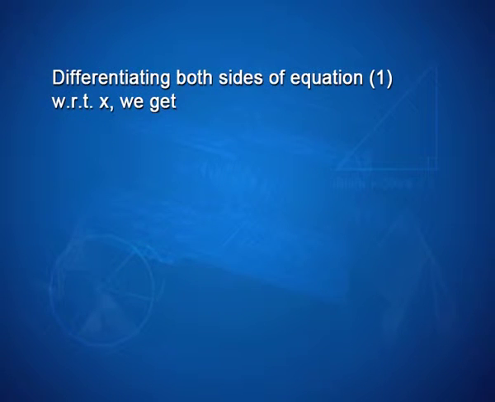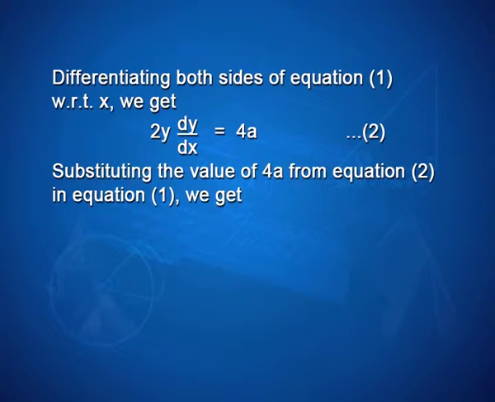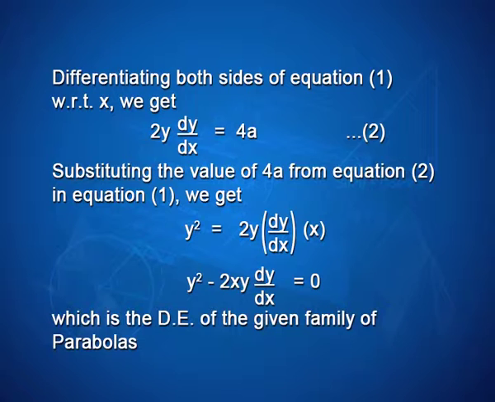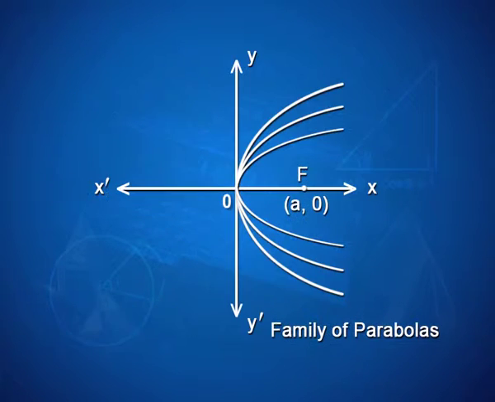Now, differentiating both sides with respect to x, we get 2y dy/dx = 4a. Take this as equation 2. Substituting the value of 4a from equation 2 in equation 1, we get y² = 2y (dy/dx) x, or y² - 2xy dy/dx = 0, which is the differential equation of the given family of parabolas. Here in this figure, you can see the family of parabolas having the vertex at the origin and focus at (a, 0).